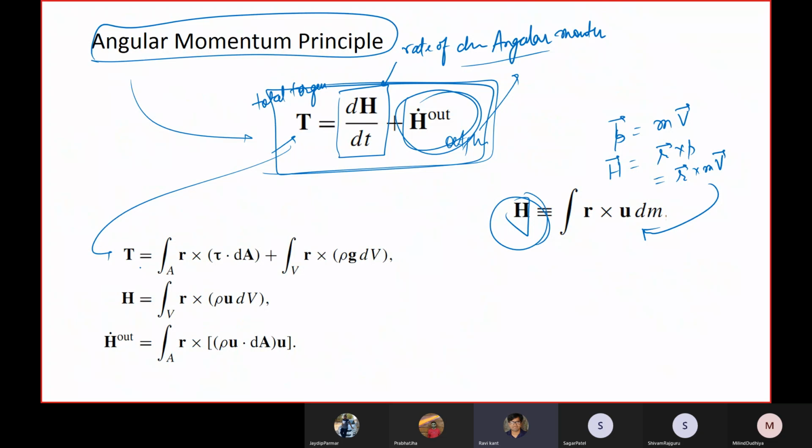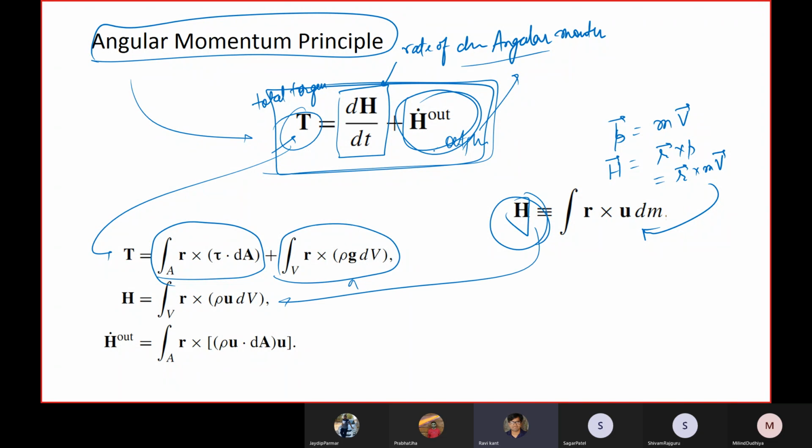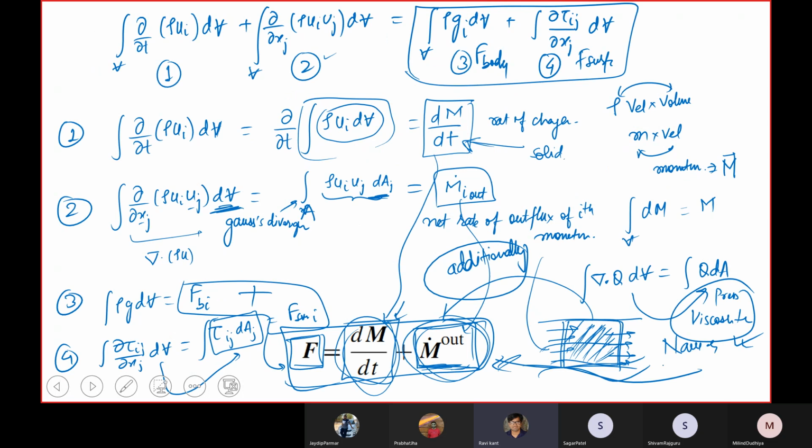You can see the net total torque is nothing but the surface torque and the body force torque that might be acting. H is the usual H, and H out is the flux carried across the boundary by the angular momentum vectors. We'll not go into the details, but the linear momentum case I went into in detail, and we have come up with this conservation of momentum principle for fluid elements.